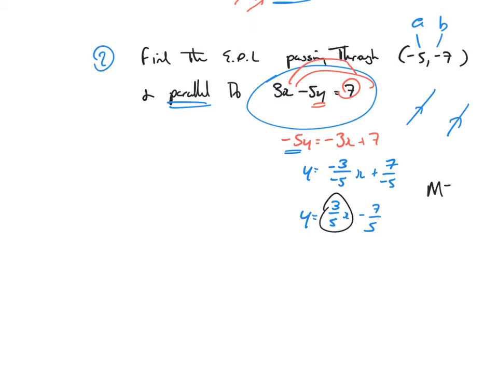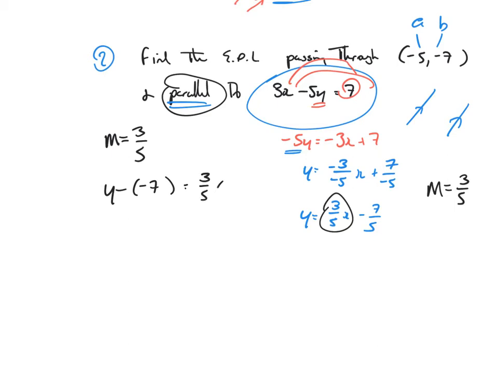The gradient is 3/5. The gradient of my line must also be 3/5 since the lines are parallel, which means equal gradient. So it's y minus b equals m bracket x minus a: y minus minus 7 is equal to the gradient, 3/5, bracket x minus minus 5.